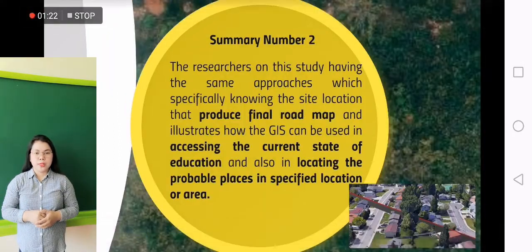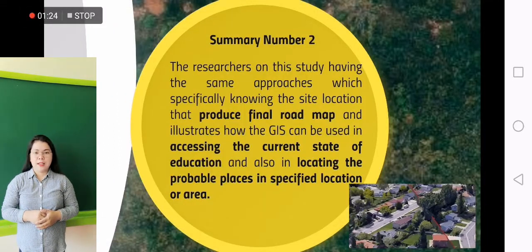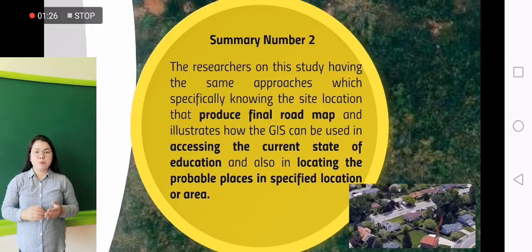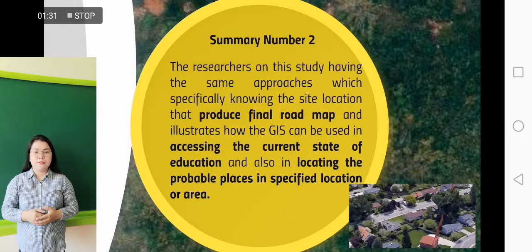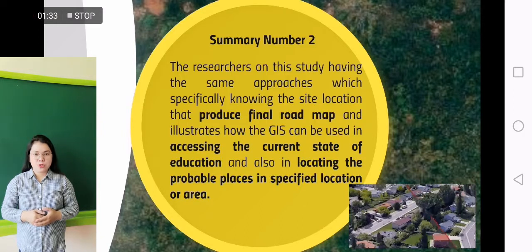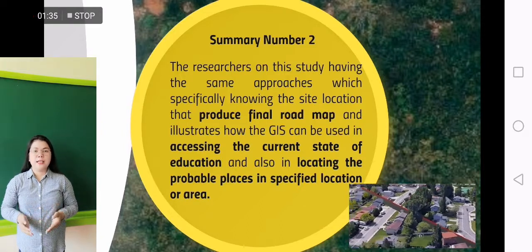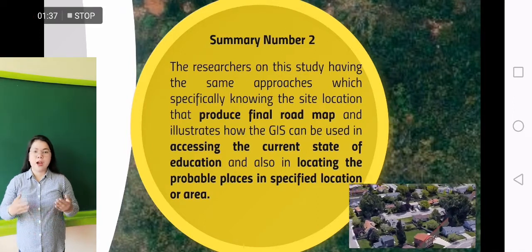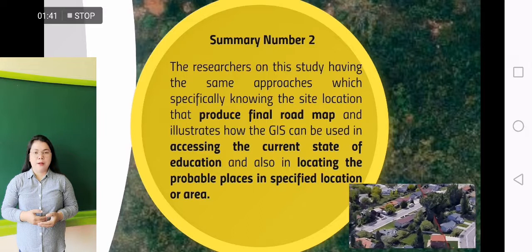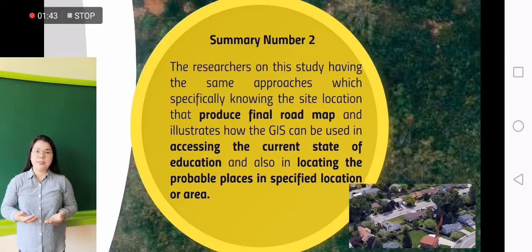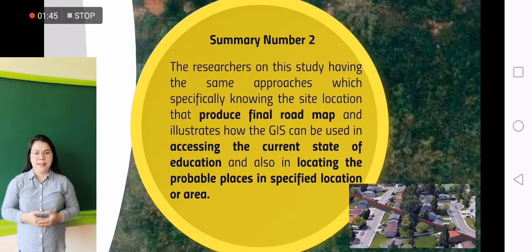The researchers in these studies have the same approach, which is specifically knowing the site location to produce a final roadmap, and it illustrates how GIS can be used in assessing the current state of education and in locating probable places in a specified location or area.